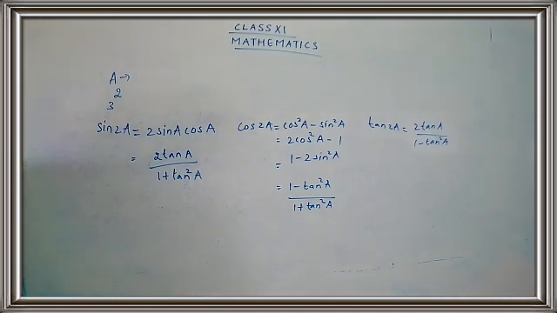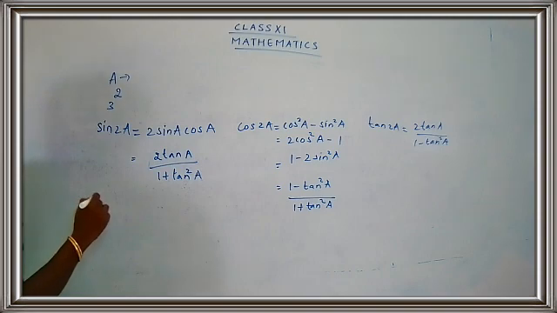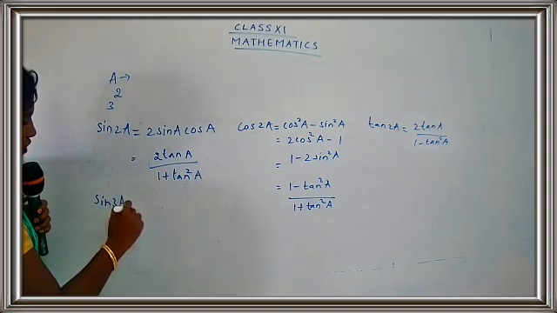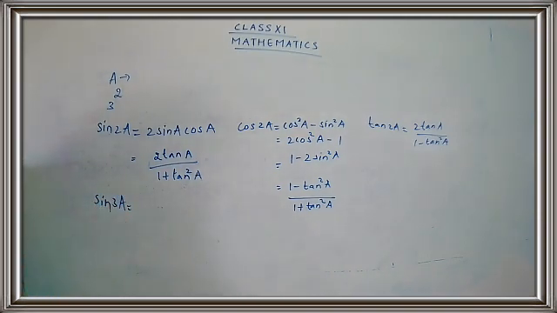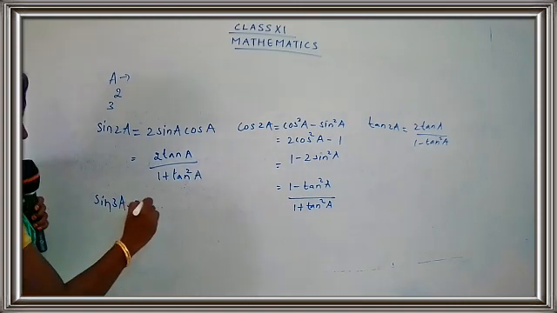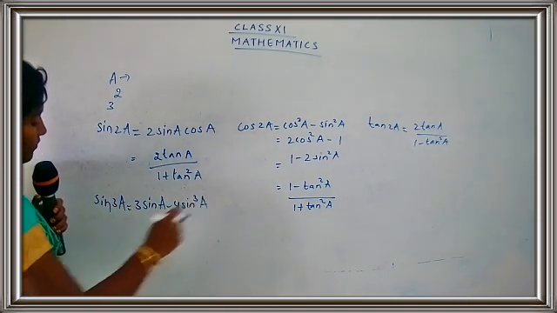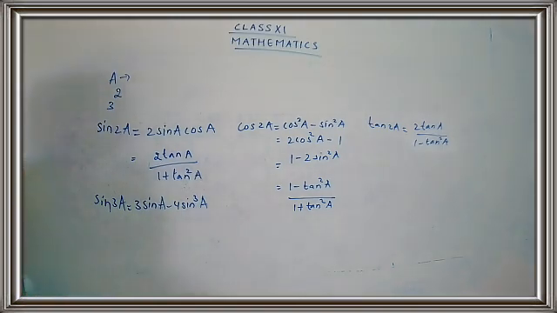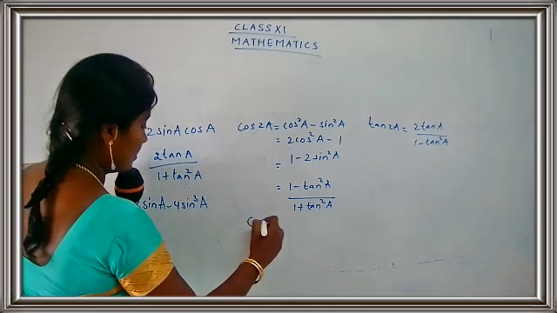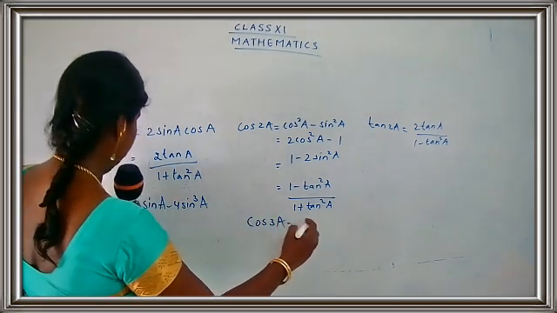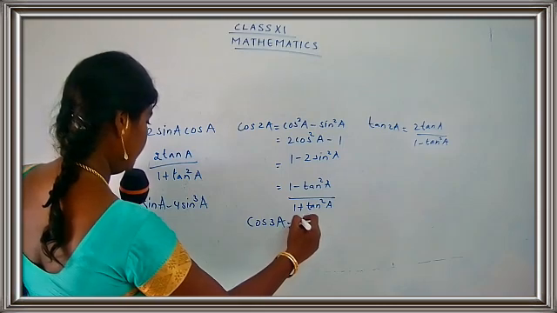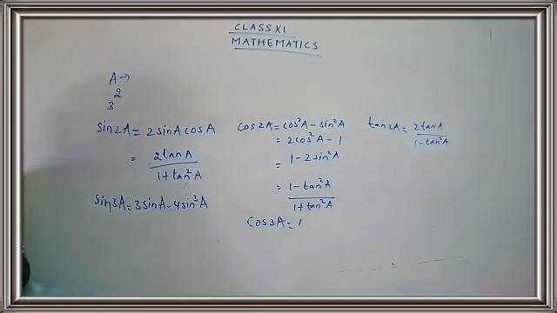Now coming to the triple angle, for sine you have a formula. What is the formula for sine 3a? It's 3 sine a minus 4 sine cube a. And also we have a formula for cos 3a. What's the formula?